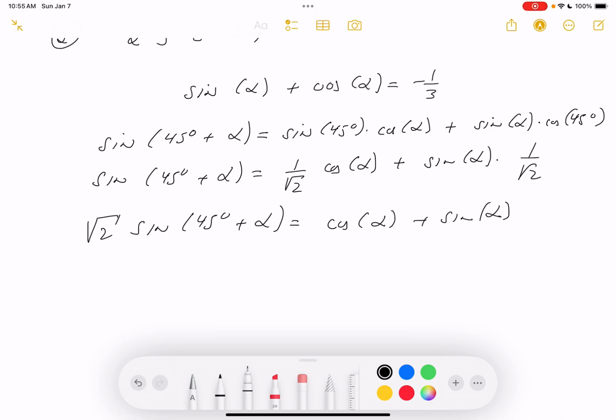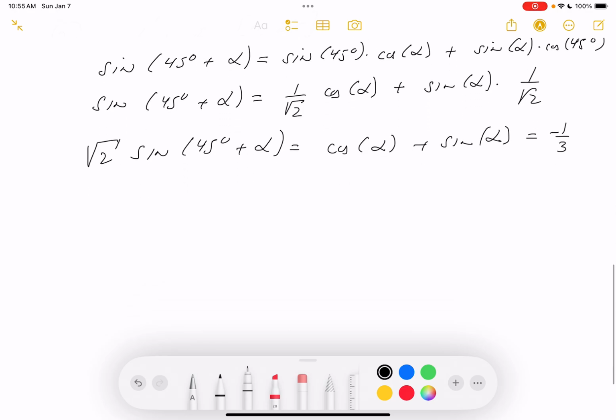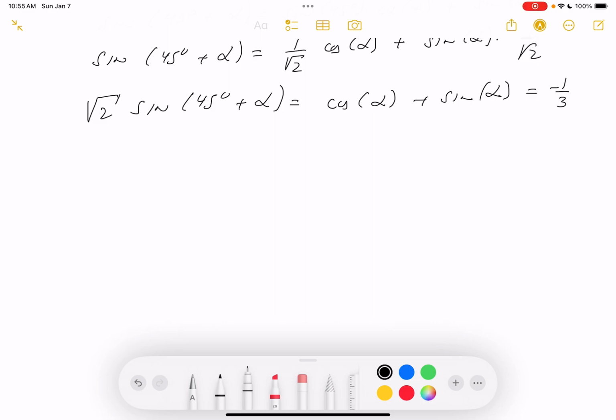And that's what I wanted. And what does that equal to? It's equal to minus 1/3. So the sine of 45 degrees plus alpha is equal to minus 1 over 3 root 2.